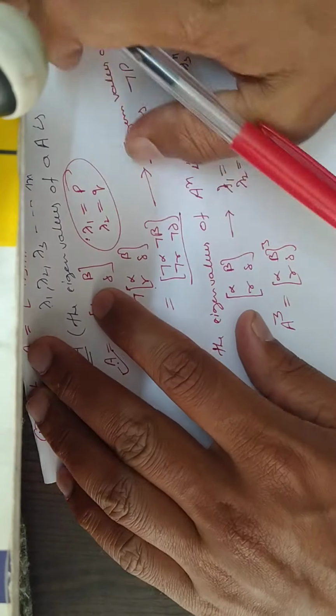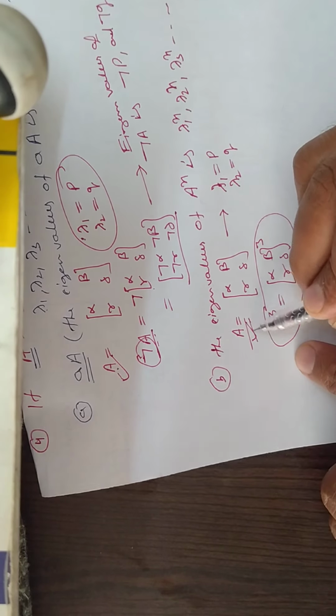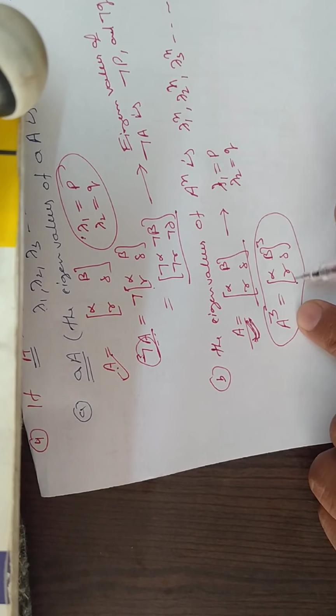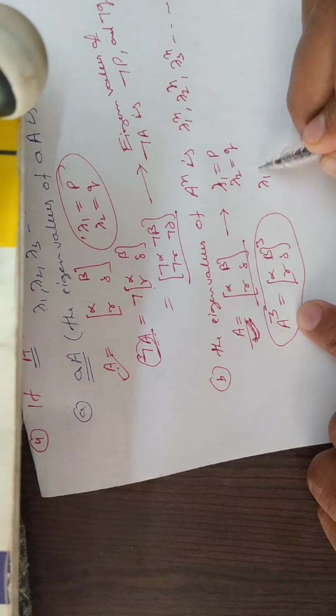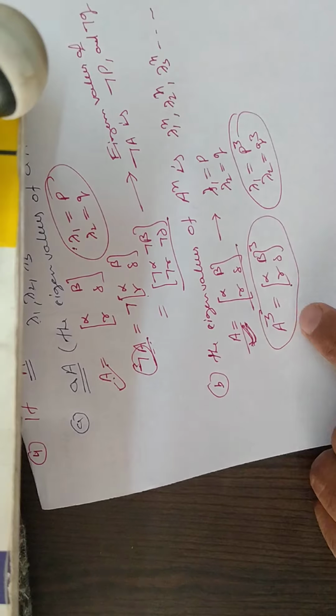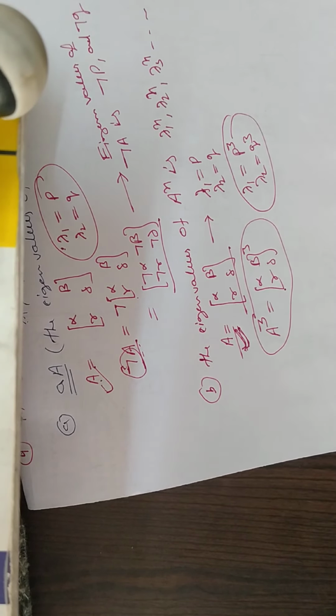Because this is the cube of the matrix, the eigenvalues are lambda 1 equal to P to the power 3 and lambda 2 equal to Q to the power 3. So you directly take the same power of the eigenvalues.